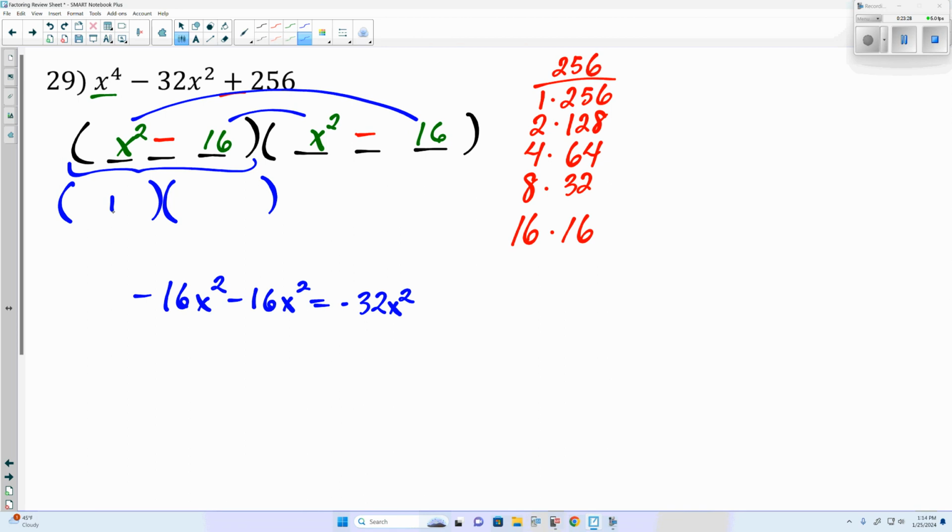Because in a difference of perfect squares, the signs are opposite. We would have x and x, 4 and 4, because x squared minus 16 would factor to x plus 4 and x minus 4. What does that mean about our other one?